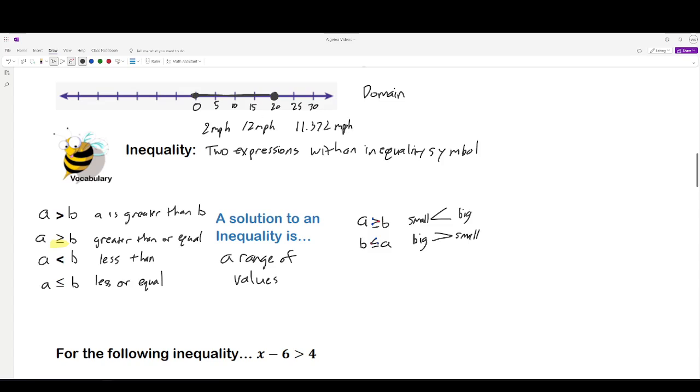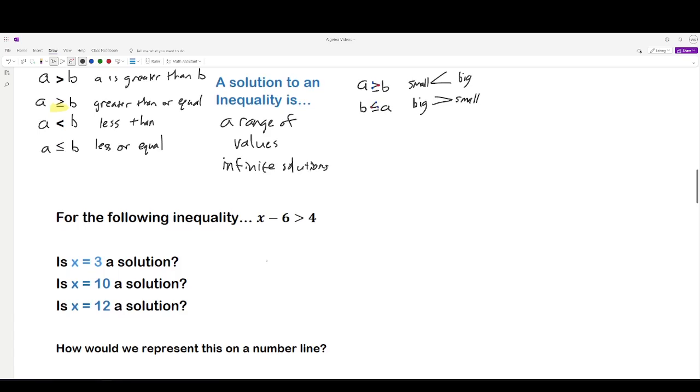It's a continuous range of values, meaning there are infinite solutions. So we can't list them out. We can't say the solution is 7 or 12. There are infinitely many of them, so we have to use this range representation to talk about what they are.